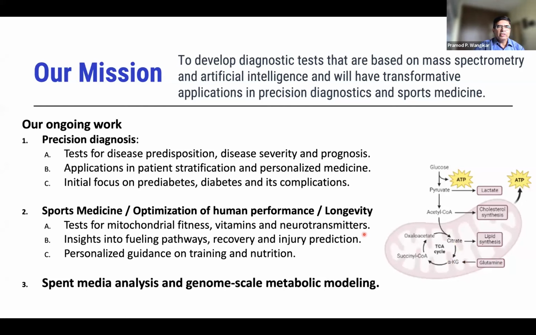They give you an idea of the mitochondrial fitness, the fueling pathways, and so on. And this can provide personalized guidance on training and nutrition. A slightly different area of work in my lab is spent media analysis and genome-scale metabolic modeling. I will not be talking about that area today.